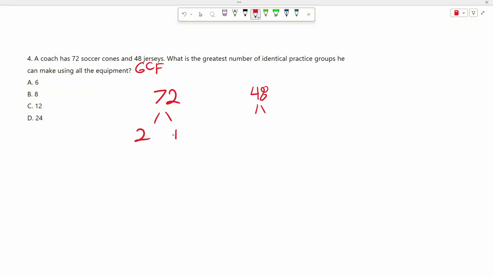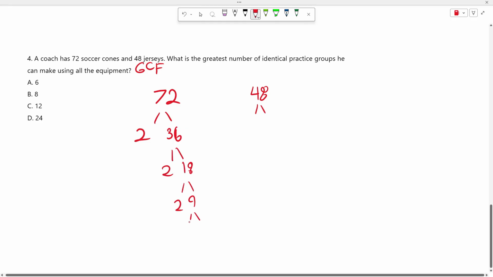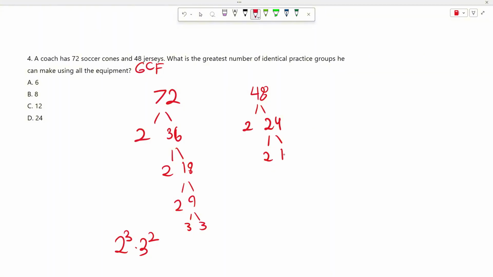We have 2 and 36, 2 and 18, 2 and 9, 3 and 3. And so what's my prime factorization? It's 2 to the third times 3 squared. And then 48 here, don't you just love that 8? 2 and 24, 2 and 12, 2 and 6, 2 and 3.